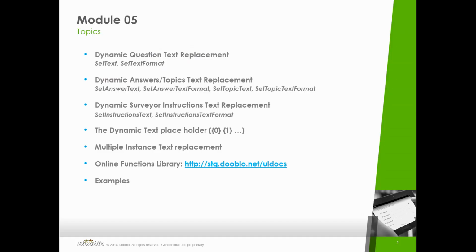So to summarize what we've gone through today, in this module we covered the dynamic text replacement, which in SurveyToGo is referred to as text piping. We saw what are the functions that are used for question text, answer topic text, and survey instruction text.